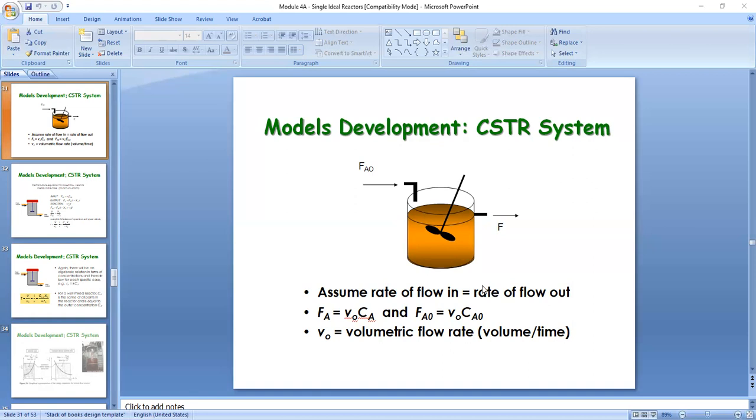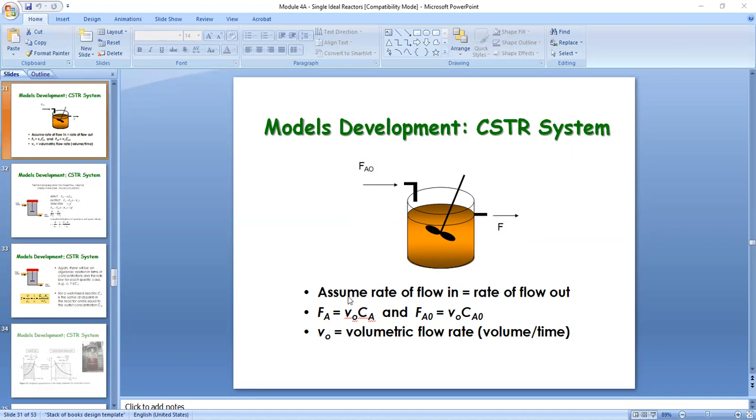And in terms of the molar feed rate, this is your molar feed rate FAO. So FAO, you see it here at the inlet, and you have FA at the outlet. So your FAO is v sub O CAO.